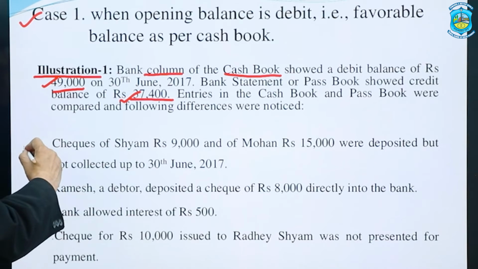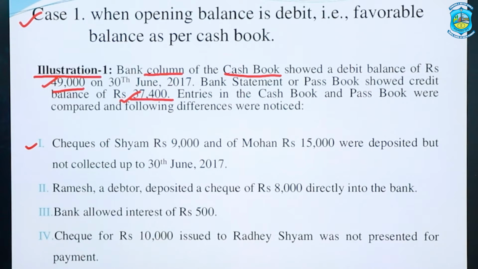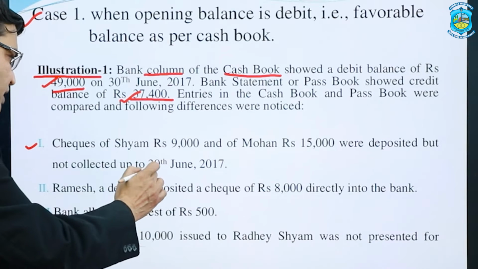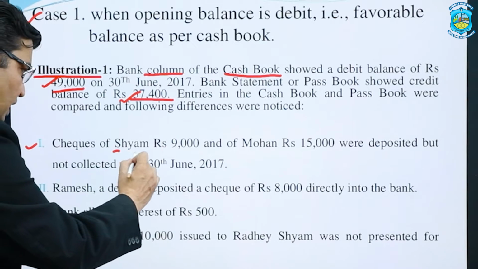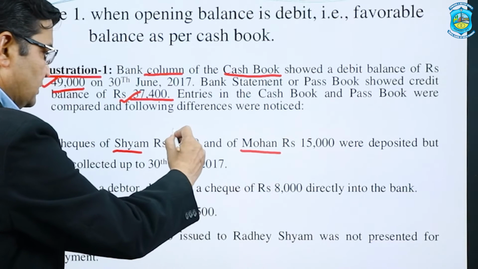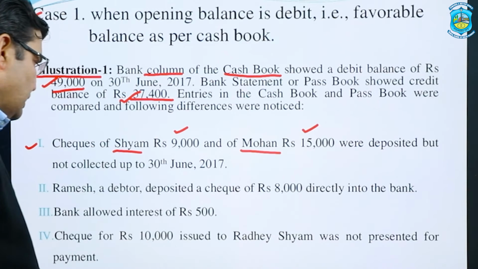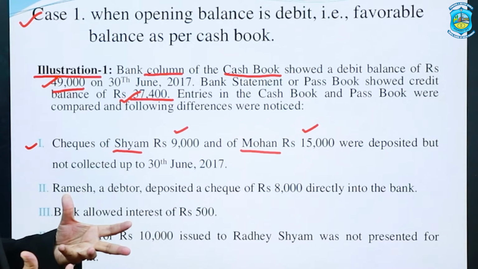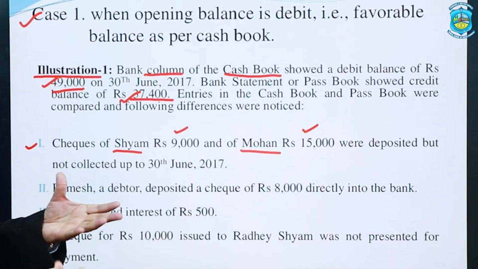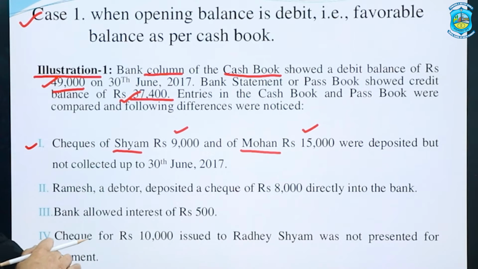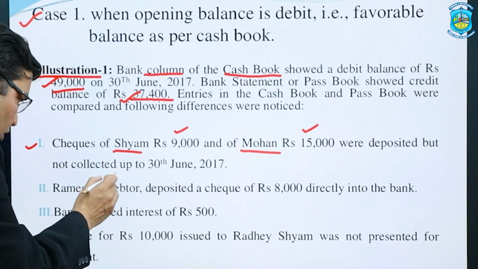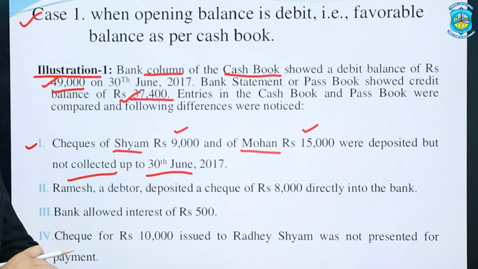The first difference is what? Checks of Sham rupees 9,000 and of Mohan rupees 15,000 were deposited but not collected up to 30th June 2017. It means we have deposited these checks of both the debtors, Sham and Mohan, worth rupees 9,000 and rupees 15,000 respectively, which we had received from our debtors, but these checks have not been collected or credited up to 30th June 2017.